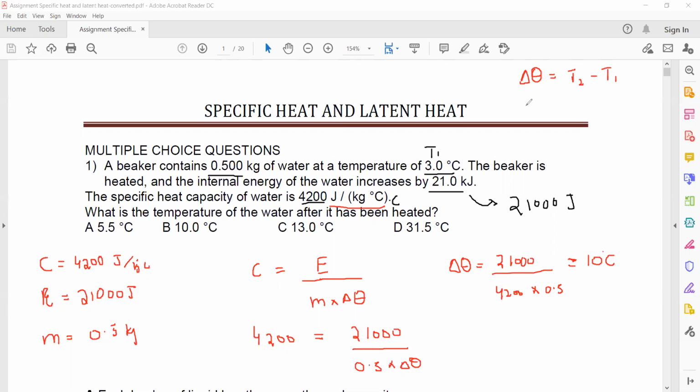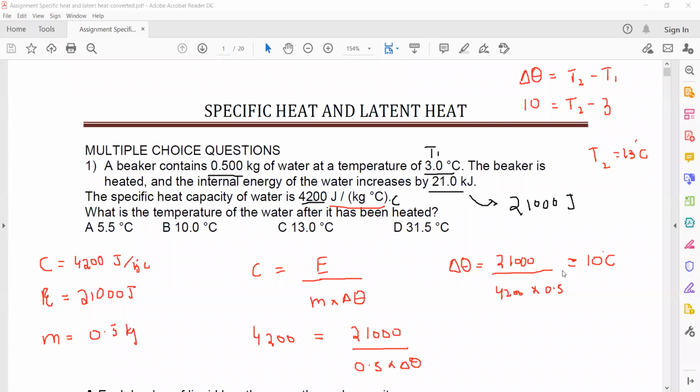So delta theta, the change in temperature, was 10. Final temperature you are finding, and initial or starting temperature was 3. That's why this 3 is minus, on the other side it will be added. So the final temperature will be 13 degrees.